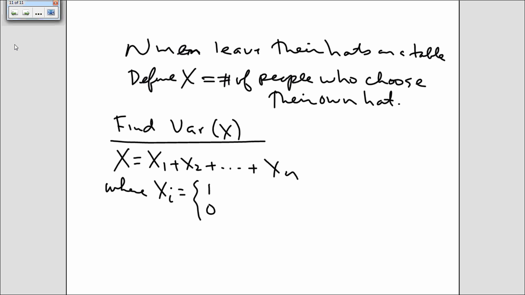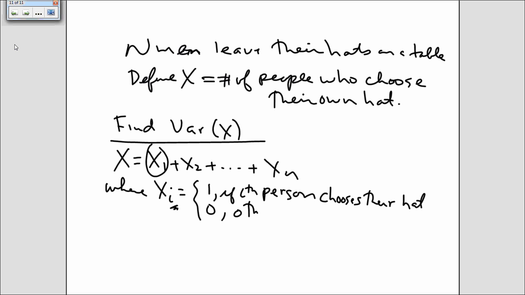It's going to be 1 if the ith person chooses their own hat, and it's going to be 0 if they don't choose their own hat.